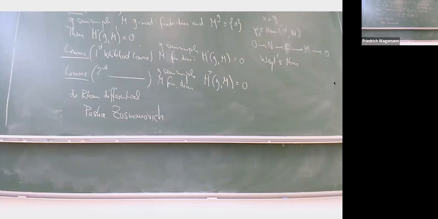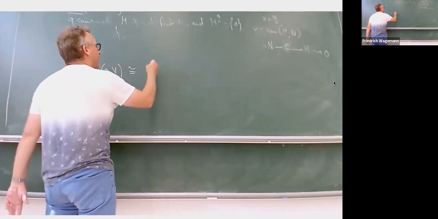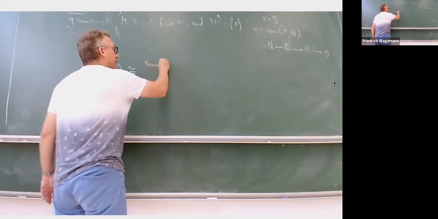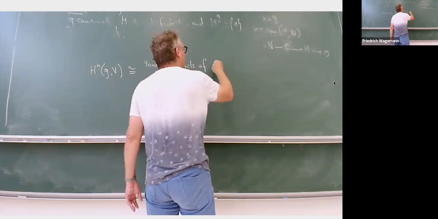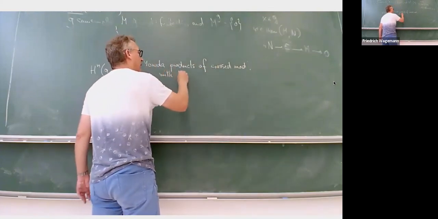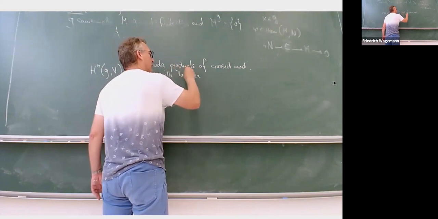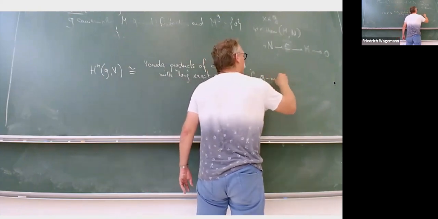Yes, actually, what is known is that you can express Hn of G with values in V as Yoneda products of crossed modules with long exact sequences of G-modules.